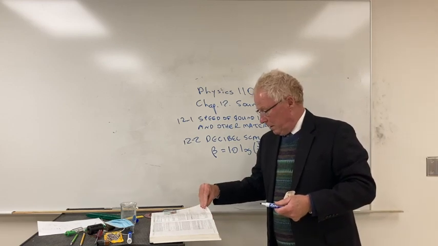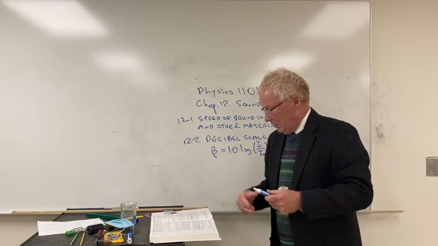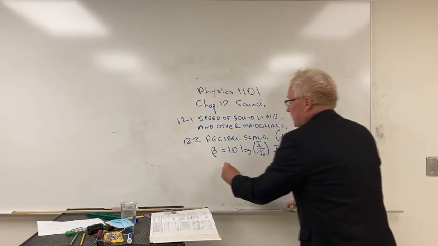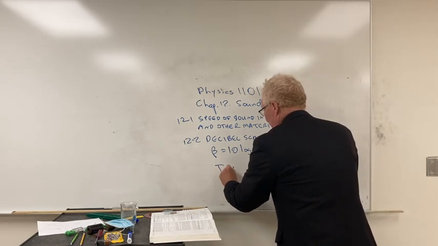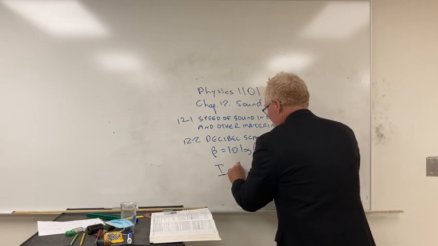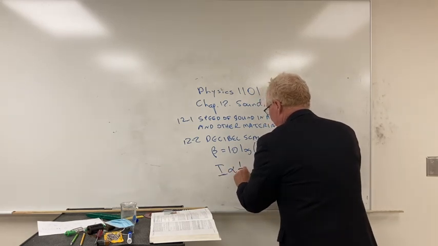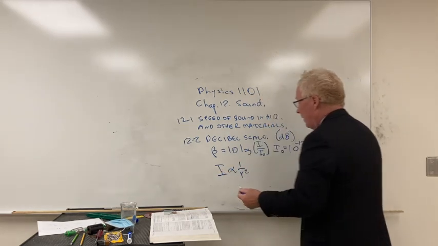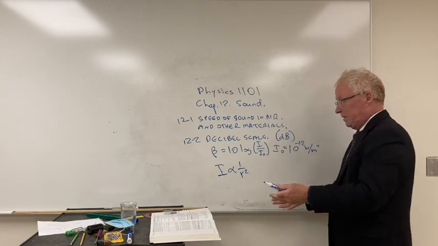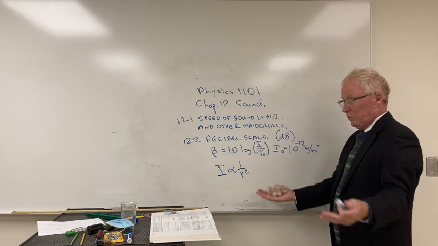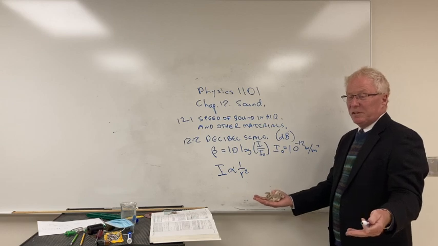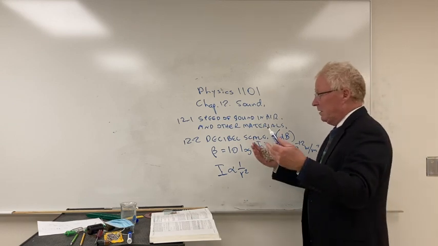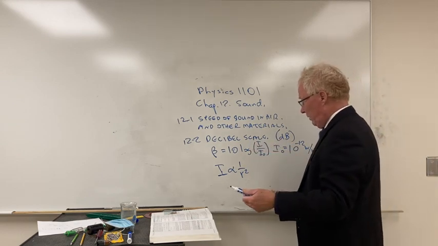12.2. A little bit on loudness: intensity is proportional to the inverse square of the distance, meaning if you double the distance, you will reduce the intensity by a factor of 2 squared, or 4.